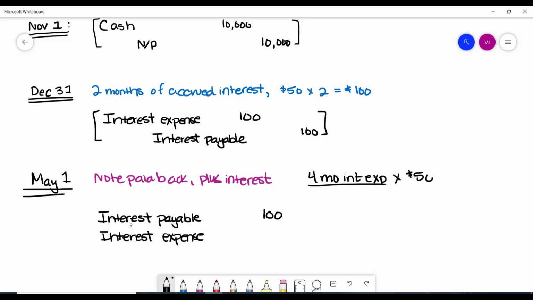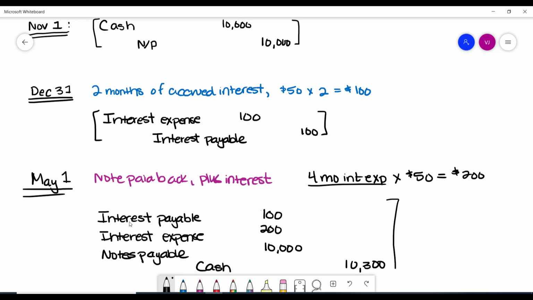So that's $50 per month. $50 times 4, that's $200. So we're going to debit interest expense of $200 here. And we're going to debit notes payable for $10,000. We will credit cash here for $10,300.